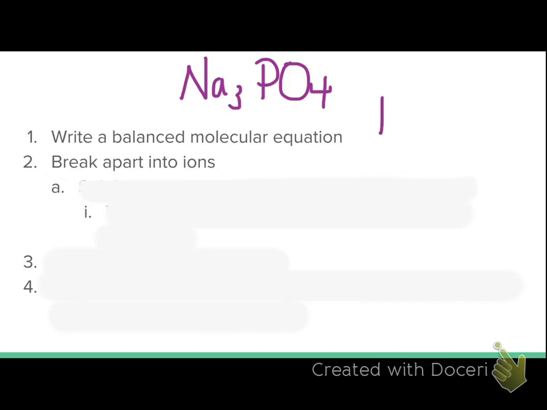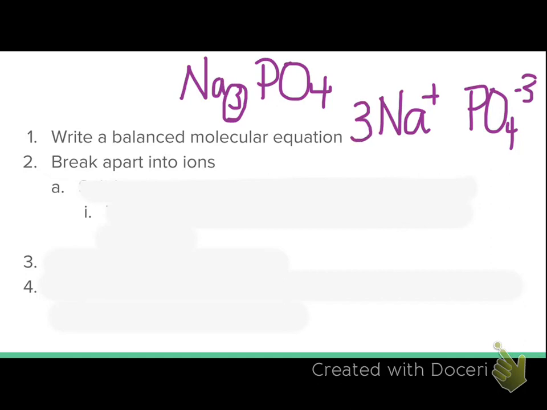If I were to break that apart into ions, my ion for sodium would be Na+, my ion for phosphate would be PO4 3-. And the other thing is we have to include this number, so I actually have 3 Na+. We're going to get practice doing this, but that's what I mean by breaking apart into ions.